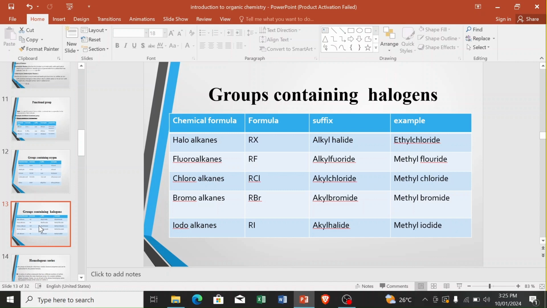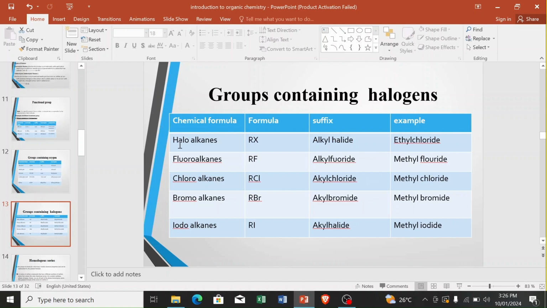So if we have these elements bonding with carbon and hydrogen atoms, we say these are haloalkanes, or halogen compounds.